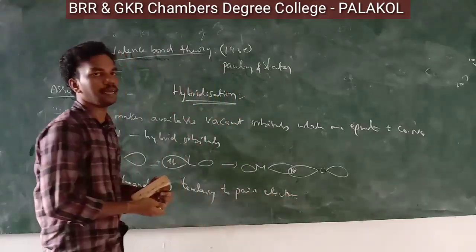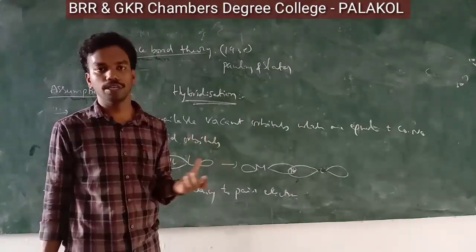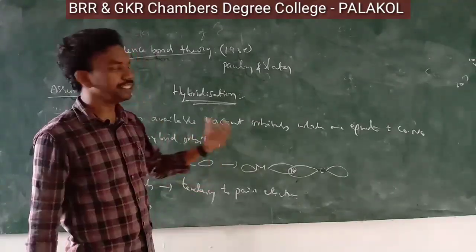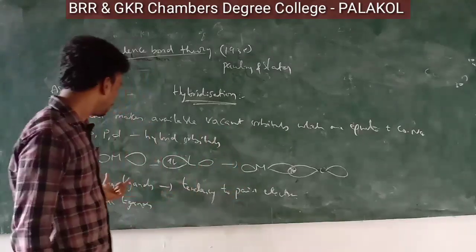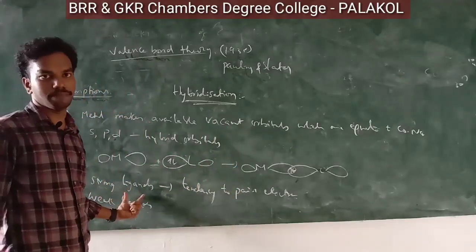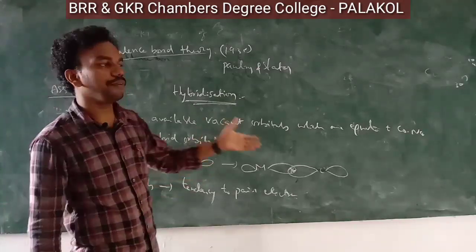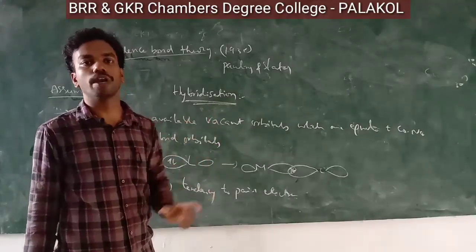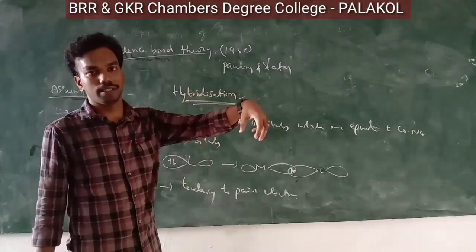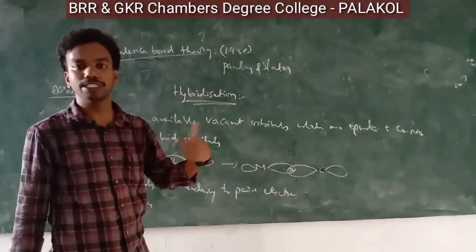If the metal initially has electrons in its d orbitals, those electrons get paired up because of the strong effect of the ligand. Those ligands are called strong ligands. That means that in a complex containing a strong ligand, the electrons present in the metal d orbitals are filled against Hund's rule. What is Hund's rule?